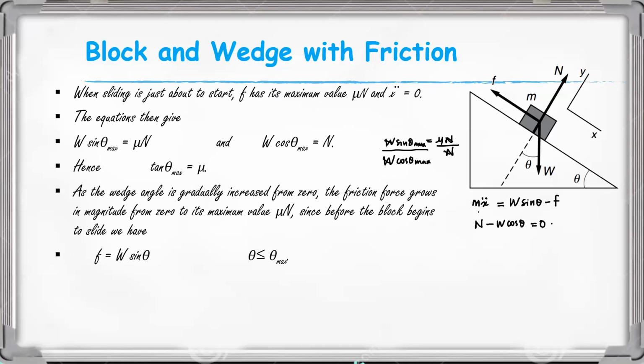Before sliding, x double dot is equal to 0, then F is equal to W sin theta. Here, theta must be less than or equal to theta max. Once the block is sliding, we can replace F.